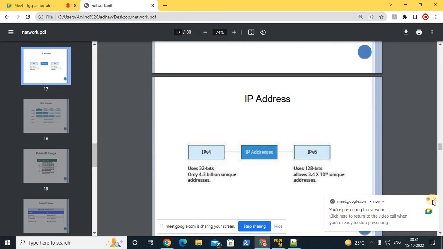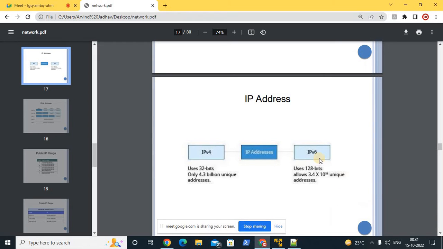For that purpose we are using IPv6. Currently we are using the IPv4 protocol also, and currently we are using the IPv6 protocol also. Majorly AWS uses the IPv6 protocol along with the IPv4 protocol also.